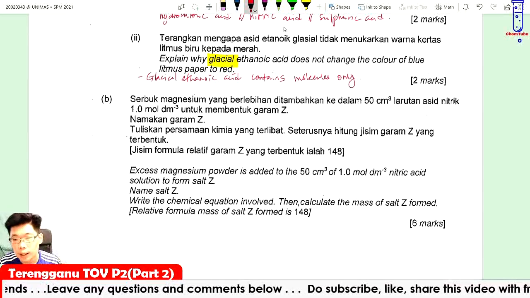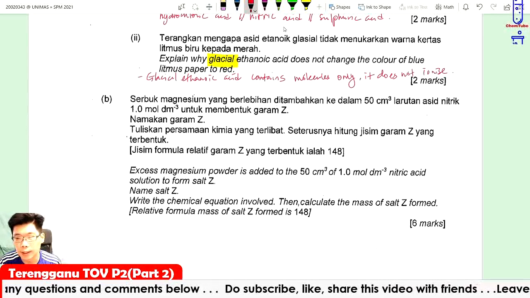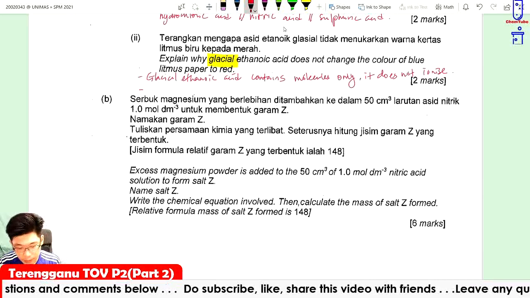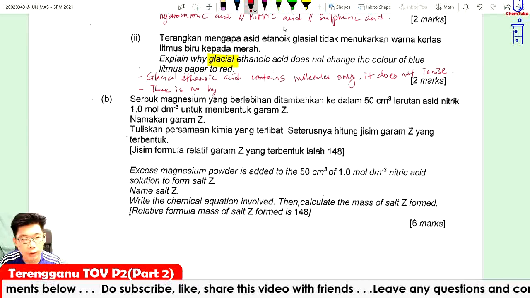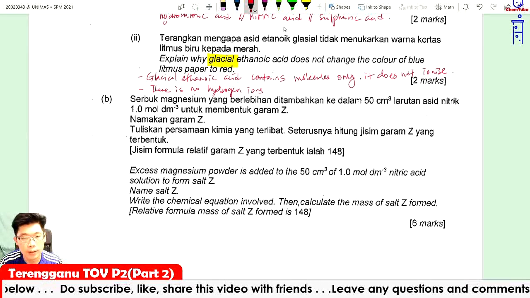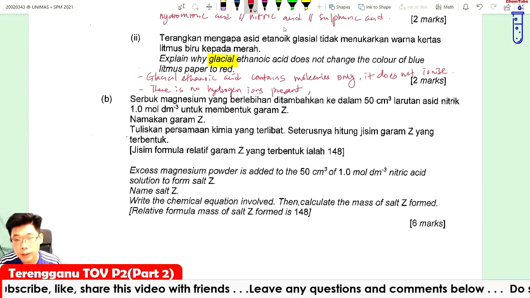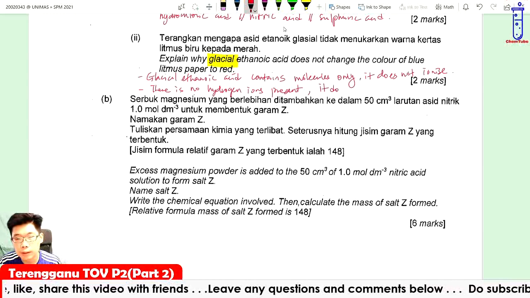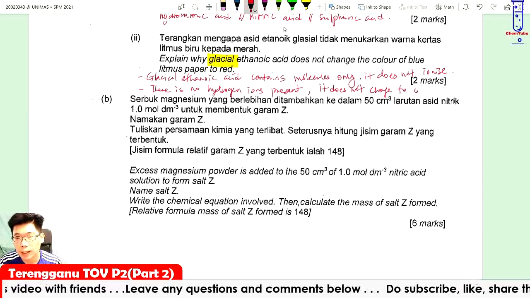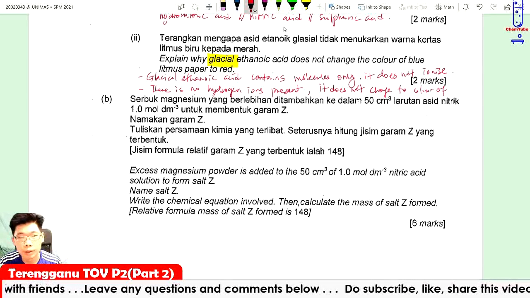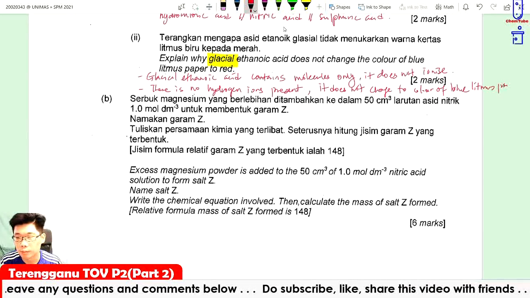So it does not ionize. Okay, so there is no hydrogen ion present. Okay, so it does not change the color of blue litmus paper to red.